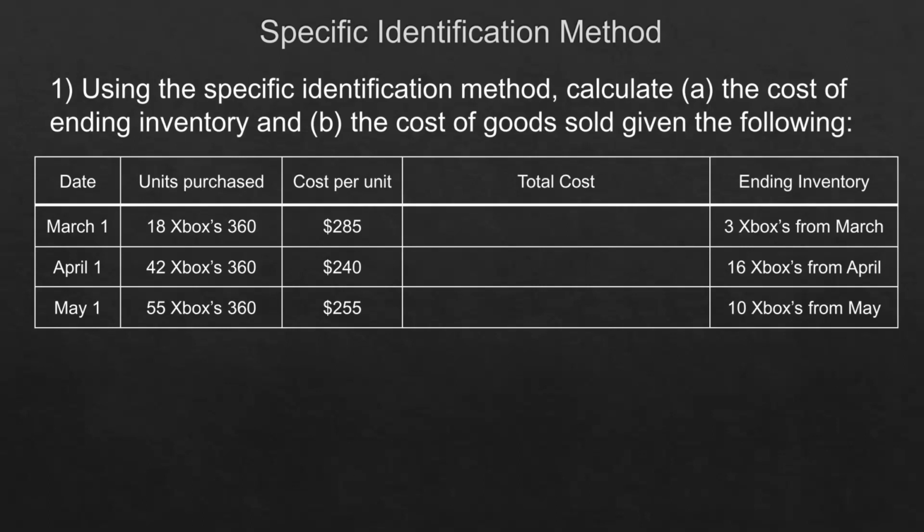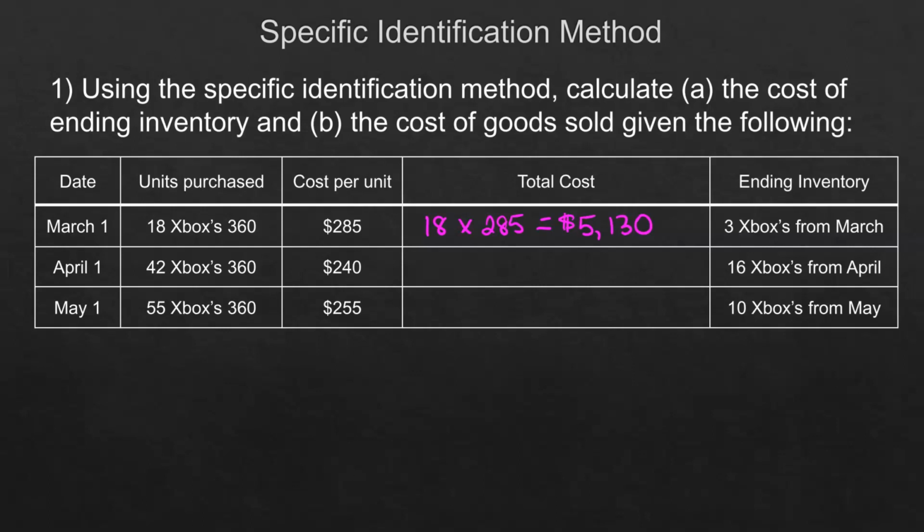First let's calculate, and you'll see that I left this box empty, so we have to do this quite a few times, but we're going to take 18 X boxes times 285. And so the amount for March 1st is 5,130.